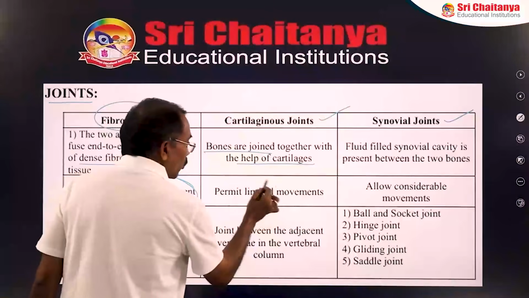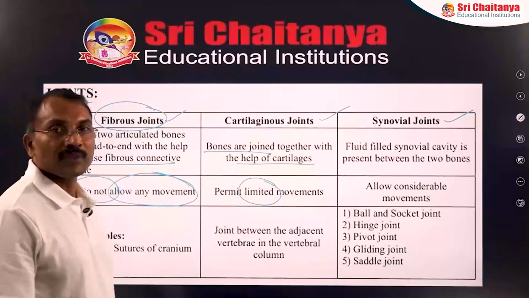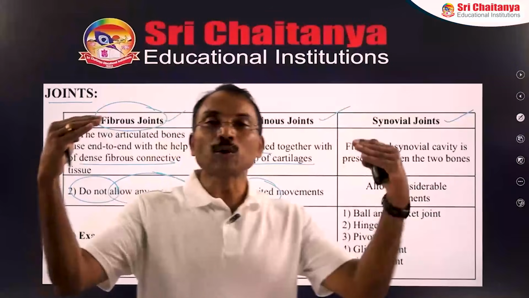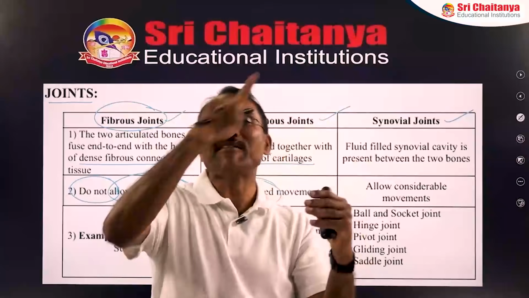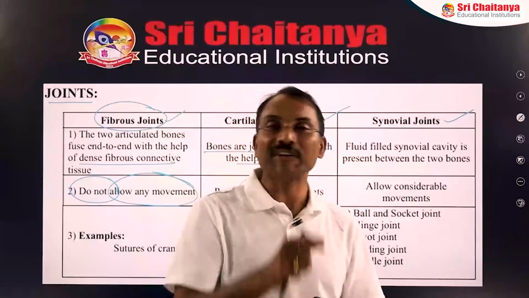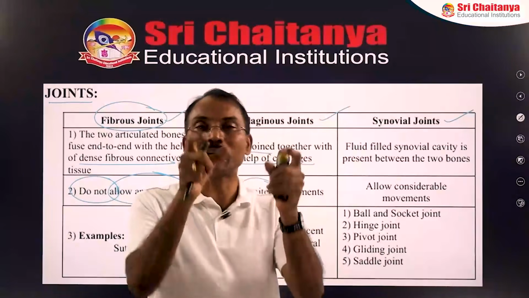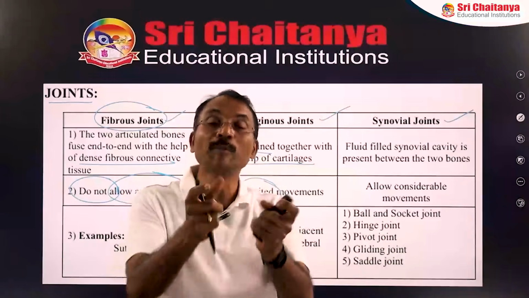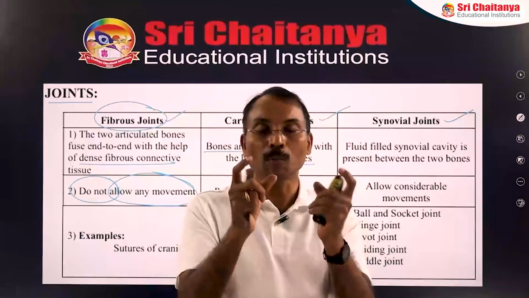What about synovial joints? Between the two articulated bones, there is a cavity called the synovial cavity. That synovial cavity is filled with synovial fluid. That synovial fluid acts as a lubricant during the movement of the bones.